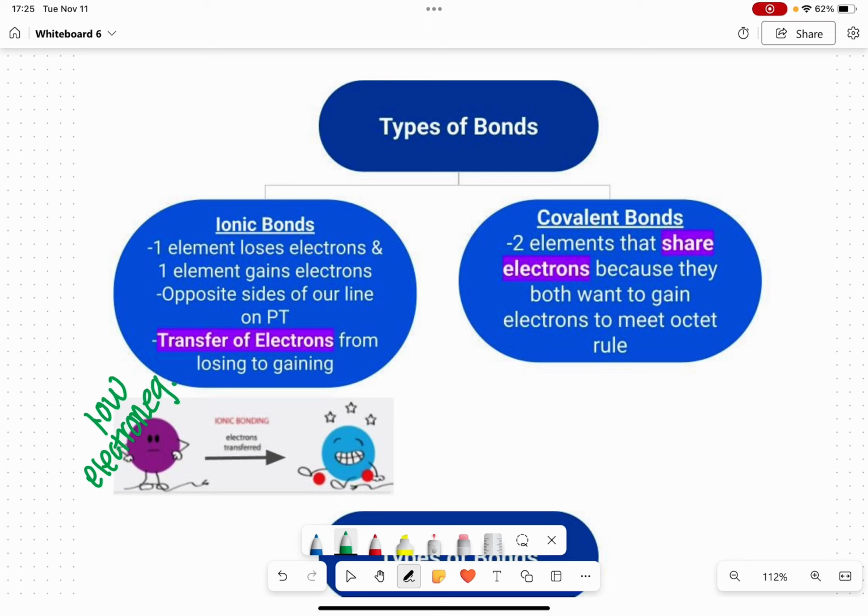It doesn't really want to attract electrons, and it's giving its electrons to the one that has a high electronegativity, because it really wants to gain. And then covalent bonds, we know, are 2 elements that share electrons because they both want to gain electrons to meet the octet rule, so they compromise and share them instead of transferring.